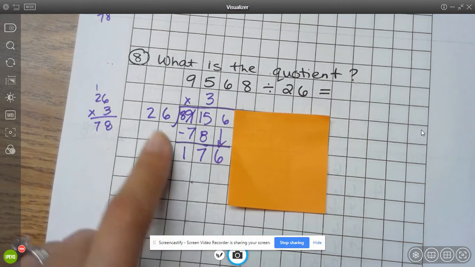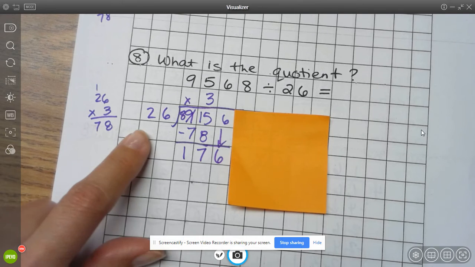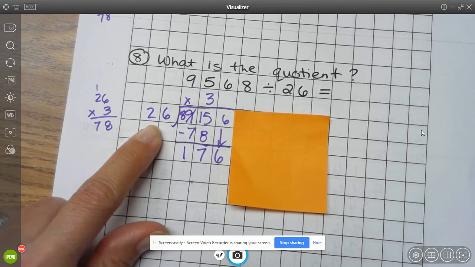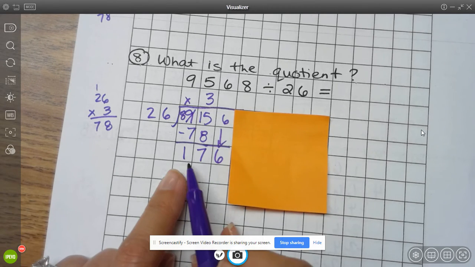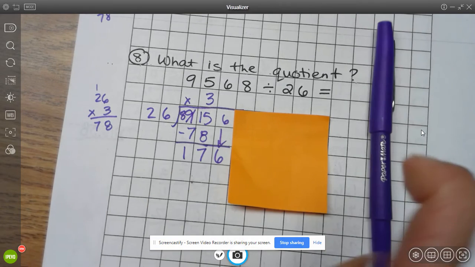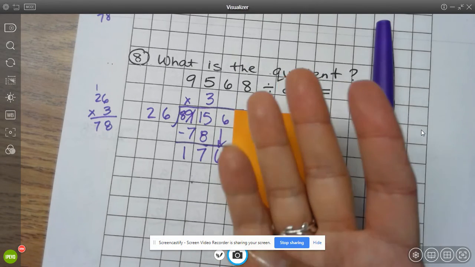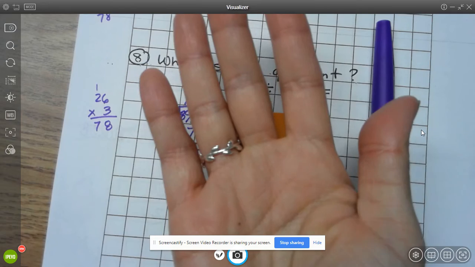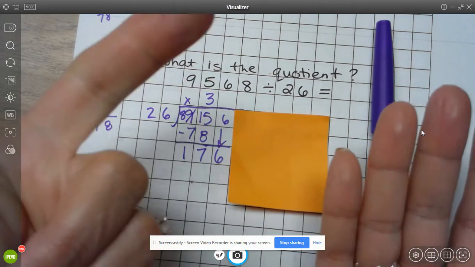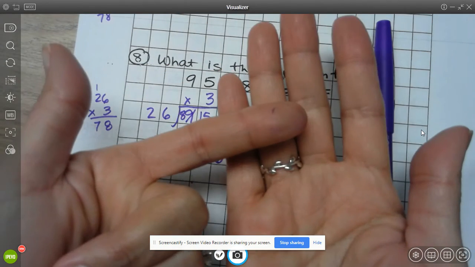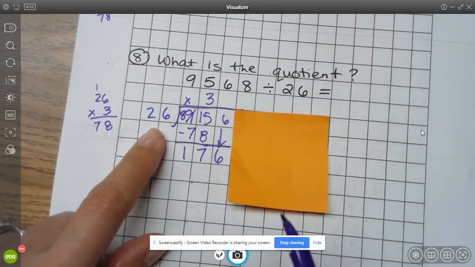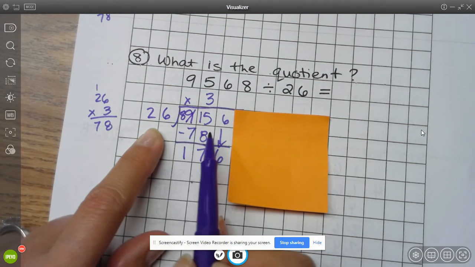Bringing that down, now I have 176. Okay, so again, if I think quarters, 25, what's going to get me close to 176? 25, 50, 75, 100, 125, 150, 175. That's, you can see, 7 fingers. Okay, I think I'm going to go over, but let's just start there.